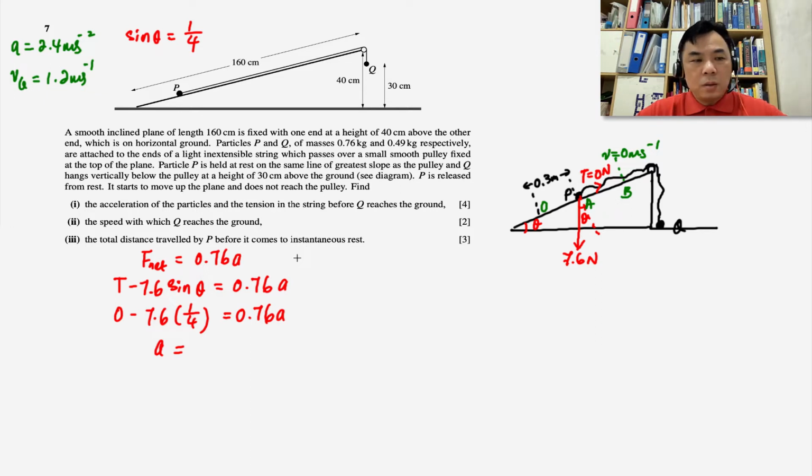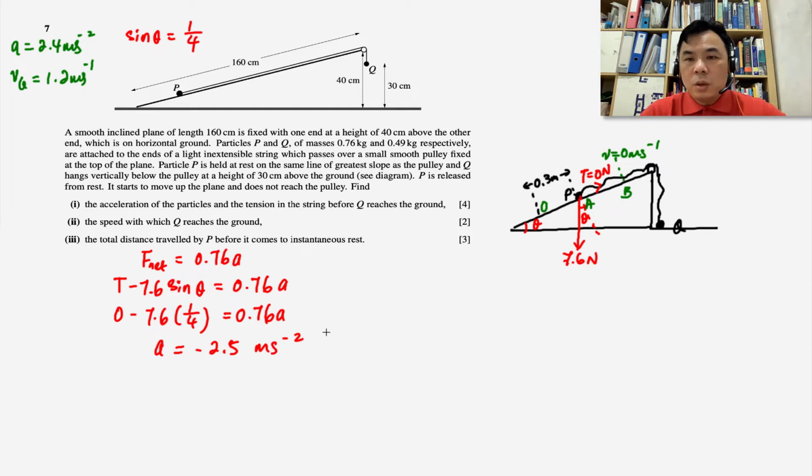Then multiply by 4 here. Hold on, I made a wrong calculation here. This is a very simple task. Yeah, correct. So it's actually negative 2.5, sorry. So it's negative 2.5 meter per second squared, the deceleration that is experienced by particle P in this case.